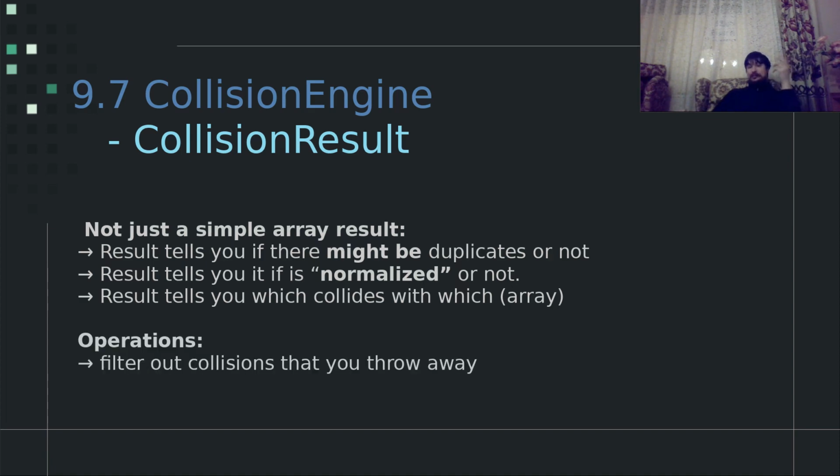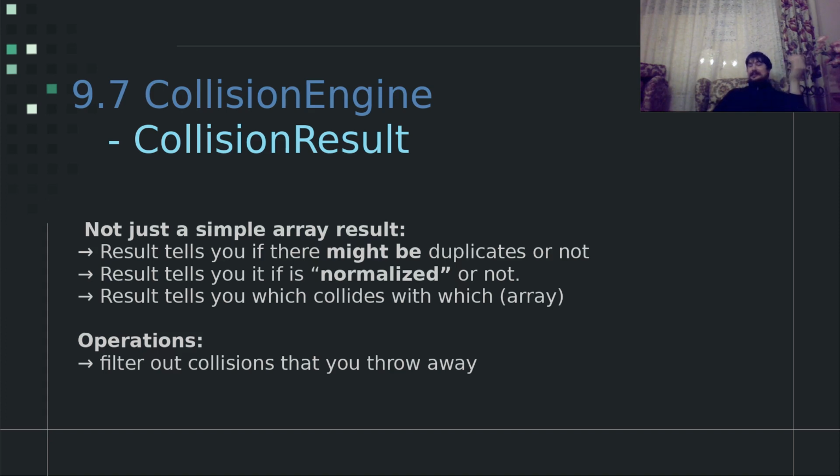There are some operations also on a collision result. You can filter collisions. Like you calculated these collisions, but now you want to linearly go through this result, which might be big or not, but it already took the same big old time to go over it again.